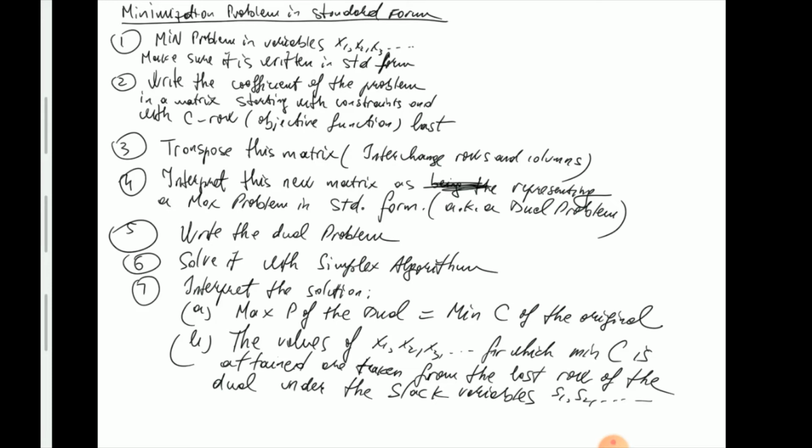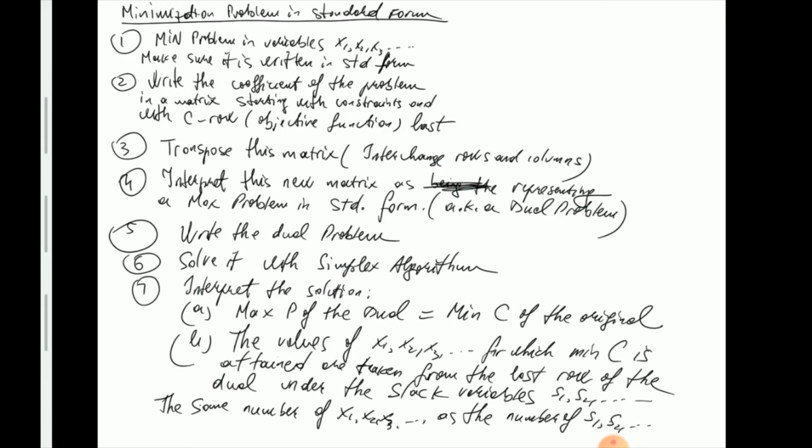So when you do this correctly, you're going to have the same number of x1, x2, x3 as the number of the slack variables in the dual.